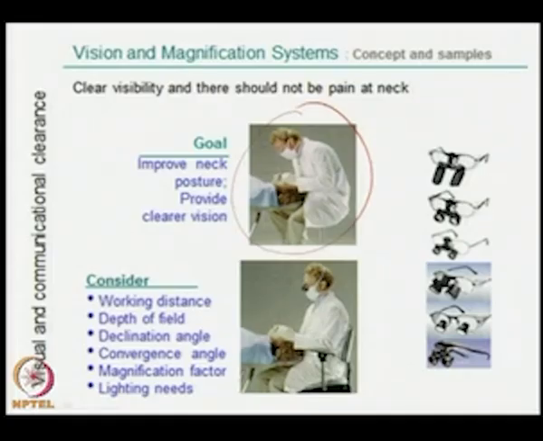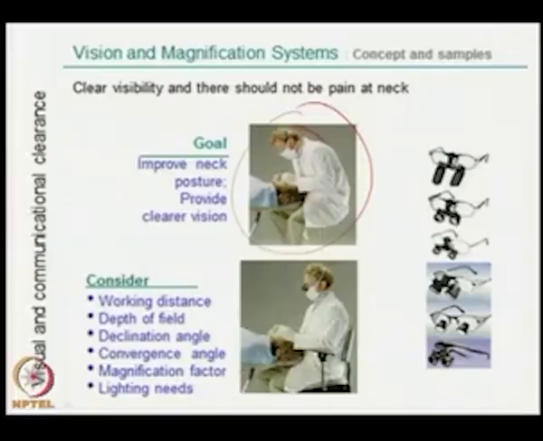Here the goal is that for this task the neck position and neck bending are improved, the posture is improved, and clear vision is provided. While seeing all the other areas evenly, to focus on something he still requires some kind of magnifying.